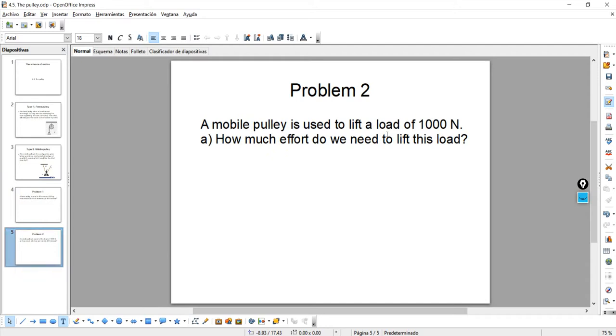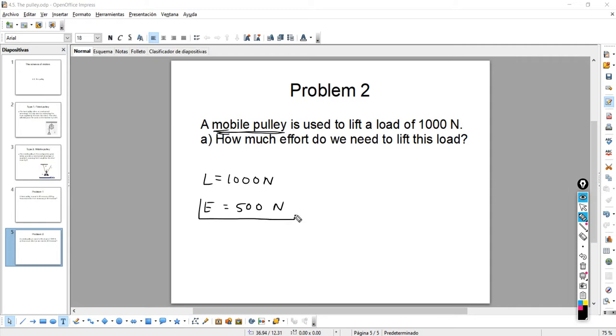So what do we have to do to solve this problem? It's very simple, guys. If you want to lift a load of 1000 newtons using a mobile pulley, how much effort do you need? You need half as much. You see why?